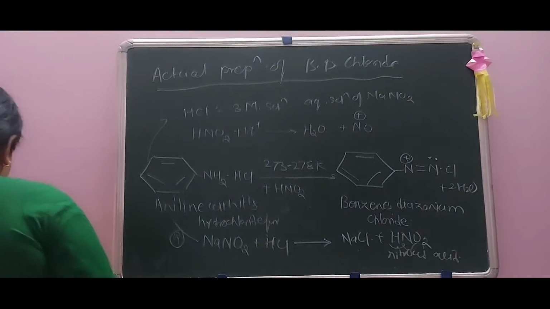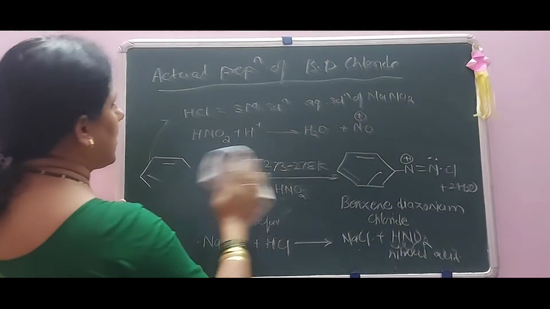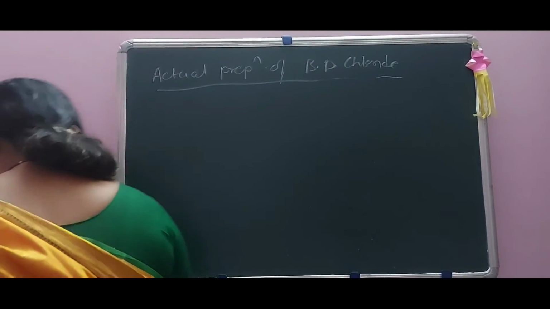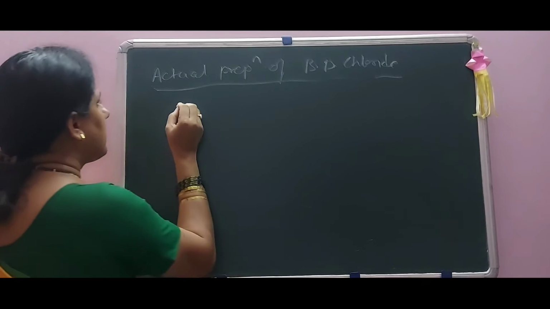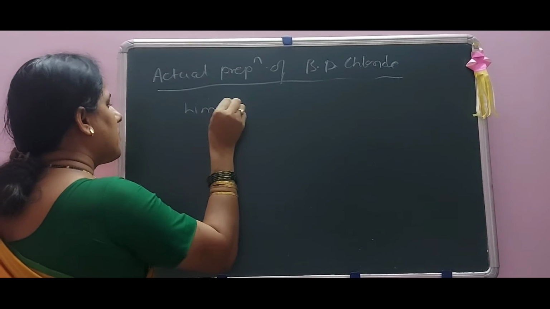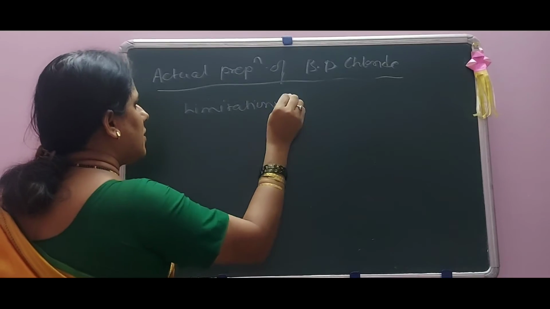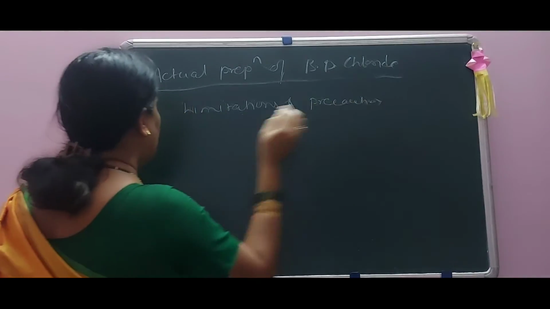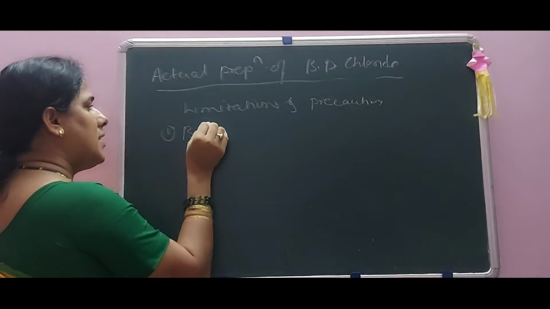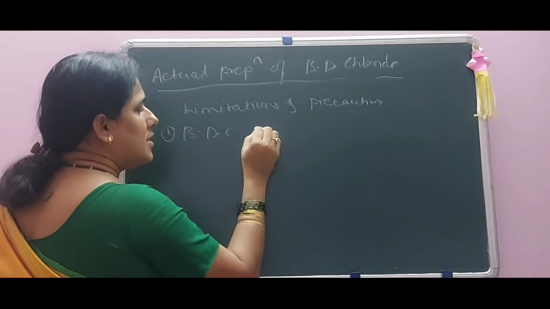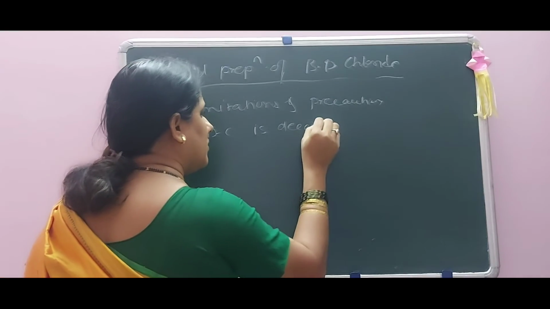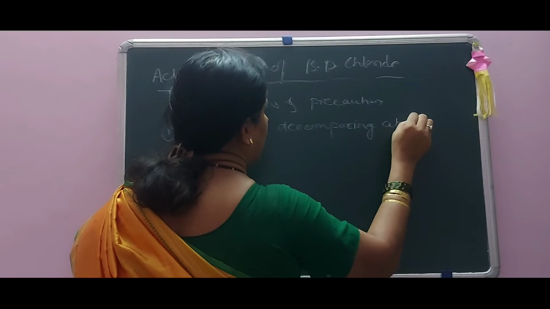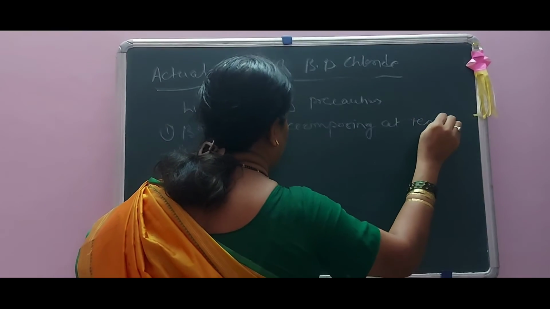But one specialty of benzene diazonium chloride: limitations and precautions. Benzene diazonium chloride decomposes at temperatures above 278 Kelvin.